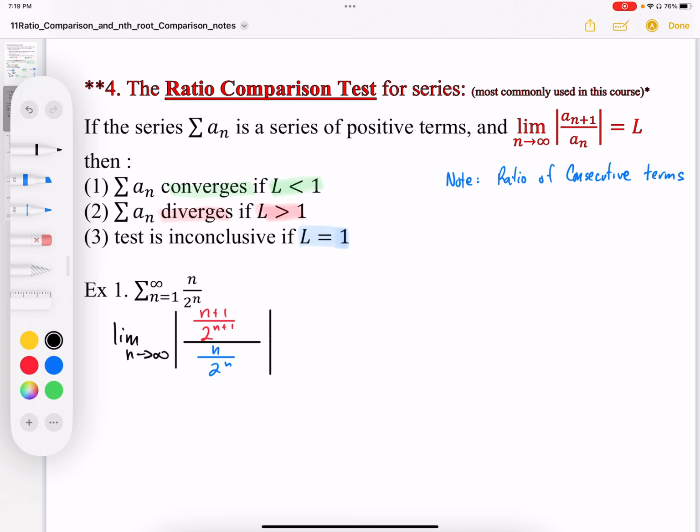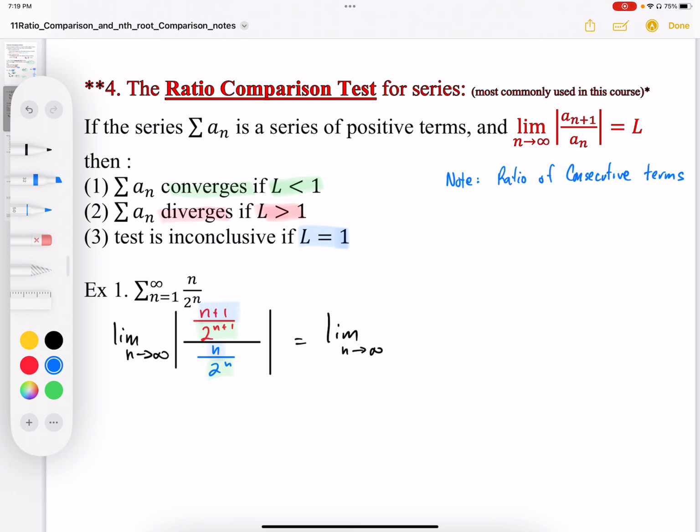Now, before I evaluate this limit, lots of things will simplify. Okay, so I'm going to just rewrite this limit in simplified form, and I'm going to kind of split this up into two parts. There is the n part, and then there's the other part, which I'm going to maybe highlight in, let's do that in blue.